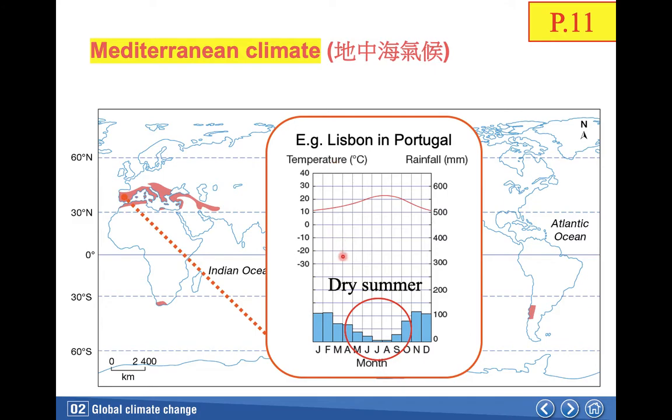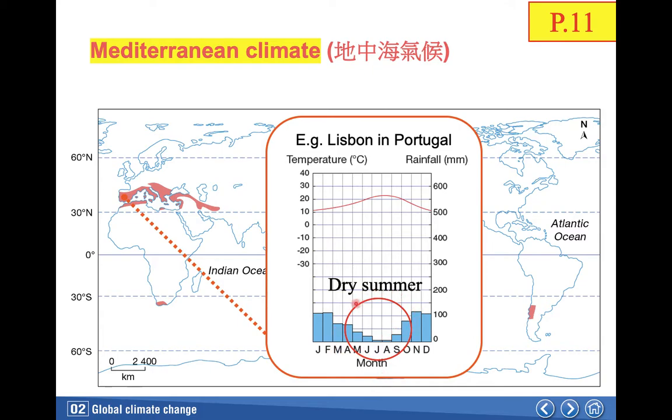Lisbon is also in the northern hemisphere, 都係同我哋一樣, so the summertime is the same as us, from late May to early September.